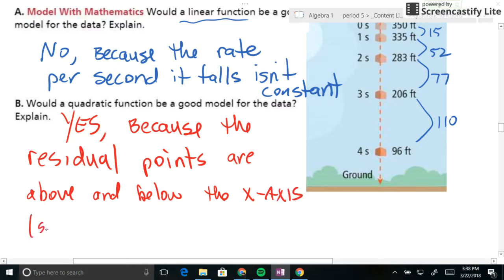In other words, some are positive and some are negative. So that's really what you're looking for, some positives and some negatives, to determine if the quadratic regression is a good fit by looking at its residual.